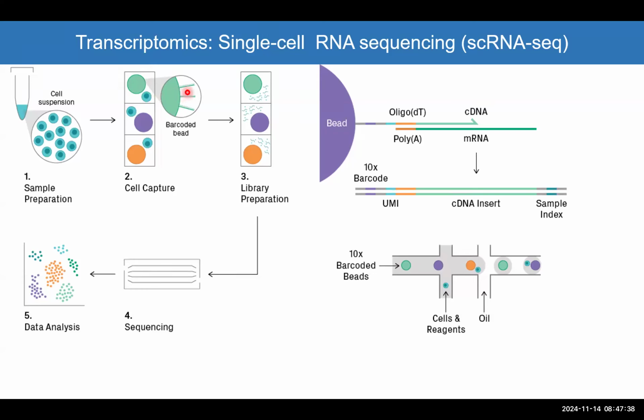So these beads have a barcode on their surface. The barcode of this green bead is different from the barcode of this violet one and different from that orange one. Now, when this cell and this bead are together, they can give me a whole separate sample because whatever RNA is expressed in that cell will have a different transcriptome.